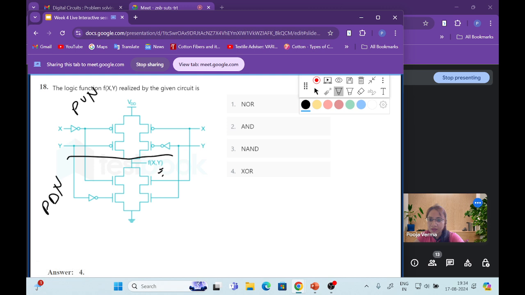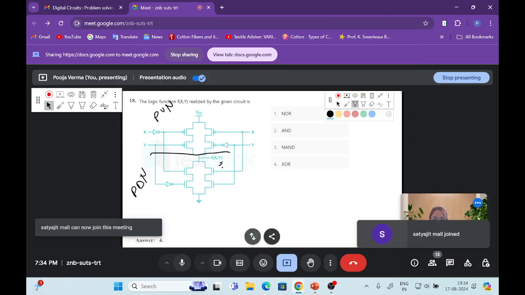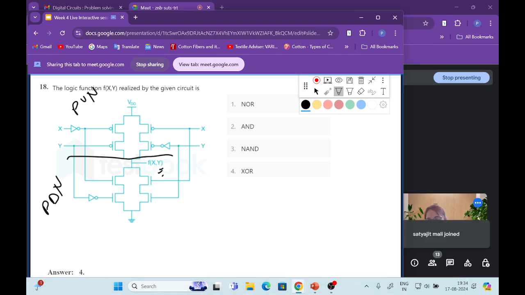This one is the P type representation, and this is NMOS. So let's see. The input is here x dash, right? And here y dash, and here it is directly x, and it is also connected directly y.